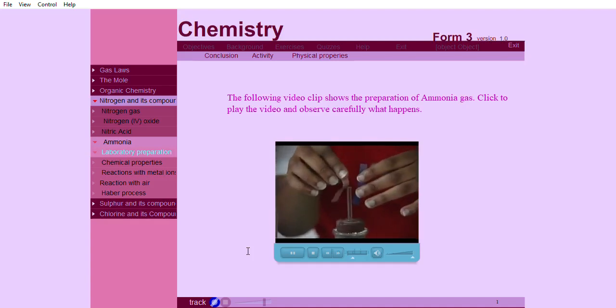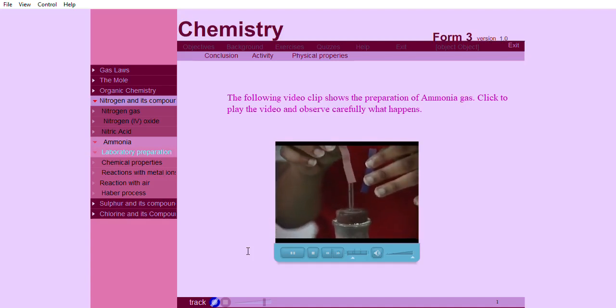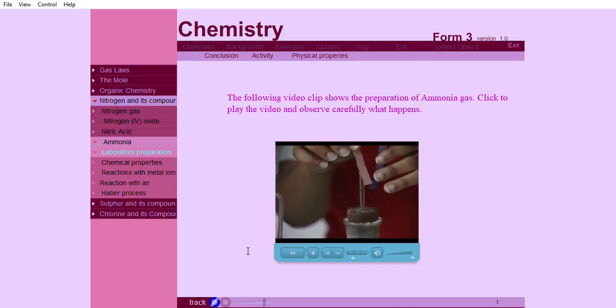Place a moist, red litmus paper at the mouth of the gas jar and note the observations.